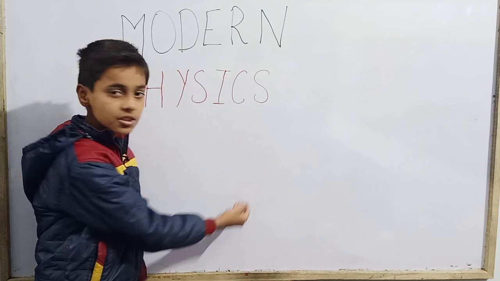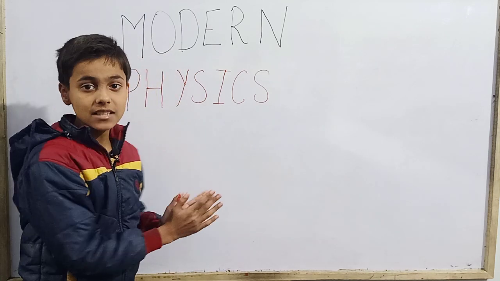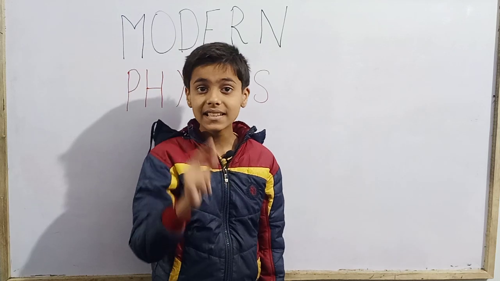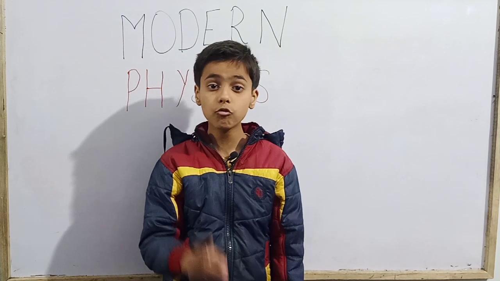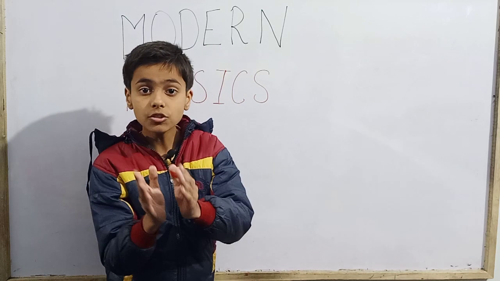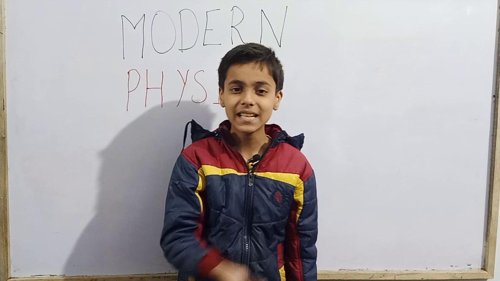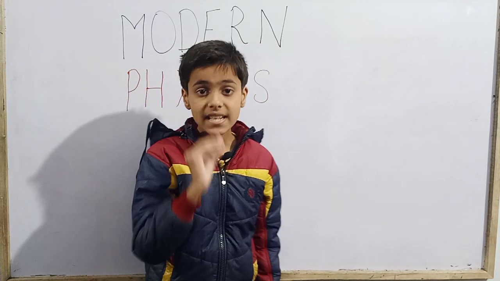We use the general theory of relativity for very large objects, and quantum mechanics for very small particles. But today scientists are trying to combine the two theories to form a single theory that can explain everything, from the very large to the very small.